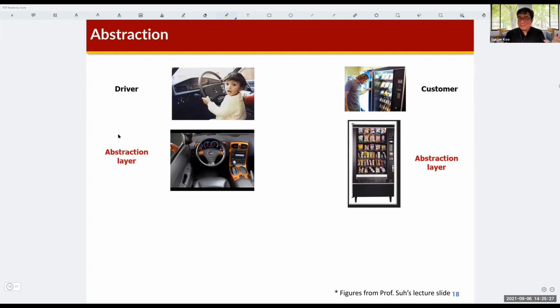Abstraction is a simplified view. Simply speaking, for doing something, I want to learn the minimum amount of knowledge.